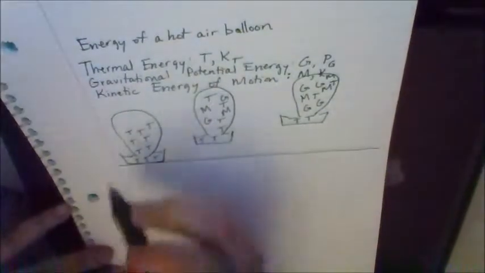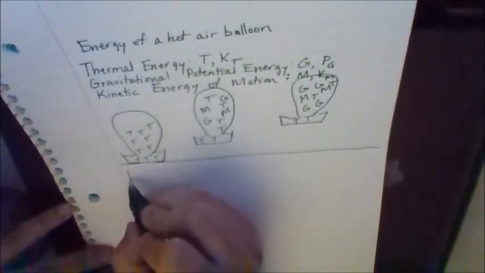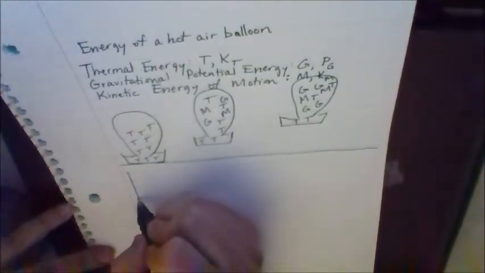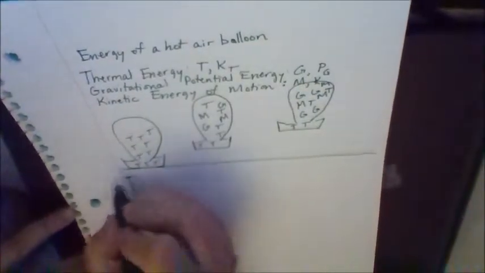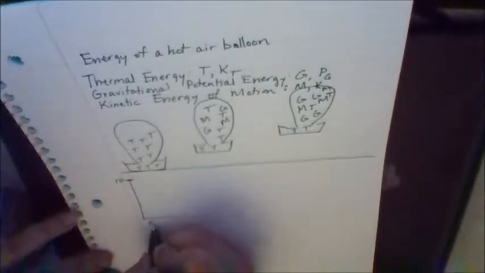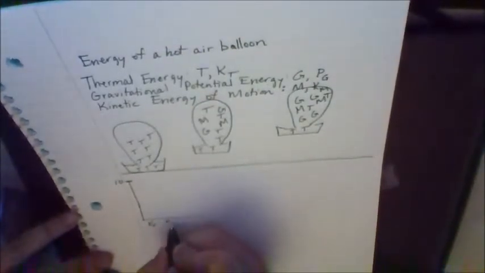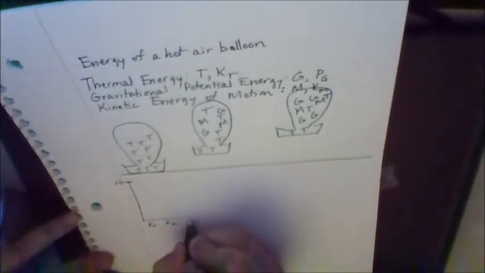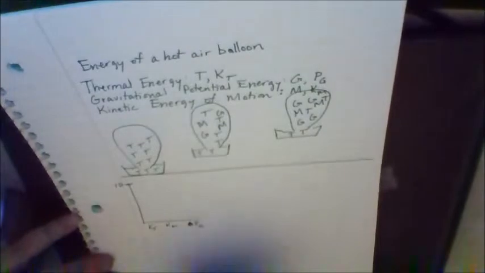We're going to actually take accounting of that by looking at it as a graph. So if we were to take 1, 2, 3, 4, 5, we're going to have each one of these lines represent 2 energy units. That makes a total of 10. And then we're going to graph the kinetic energy of thermal energy, the kinetic of motion, and the potential of gravitational energy.